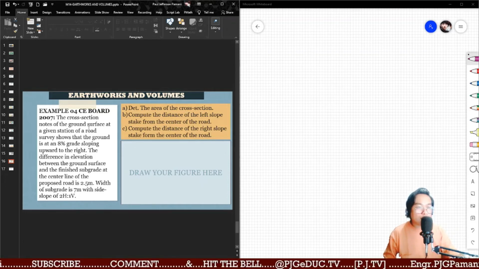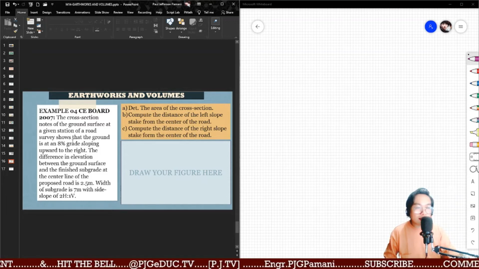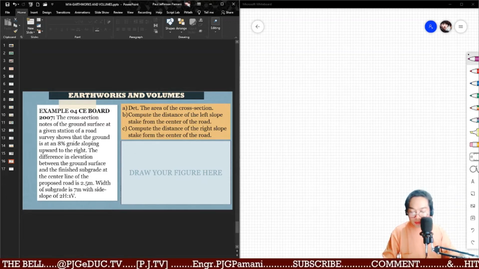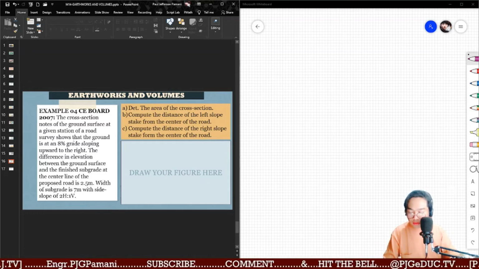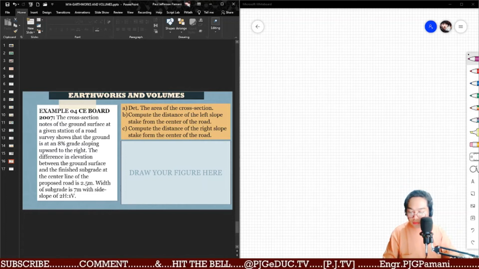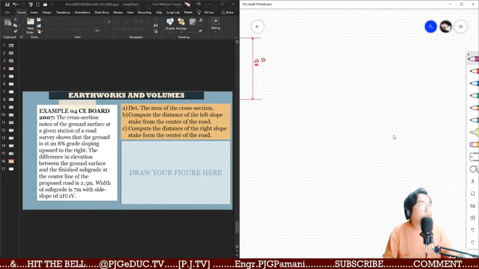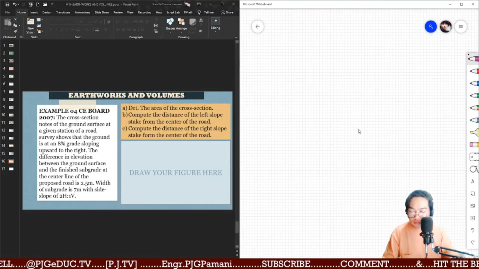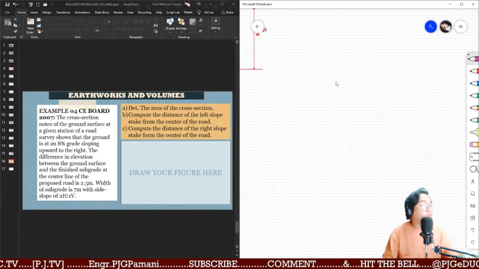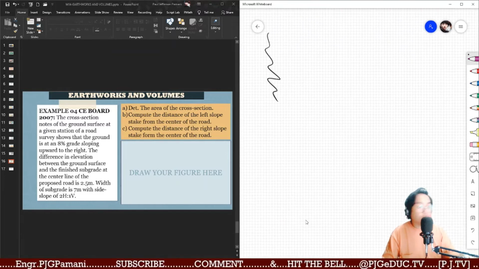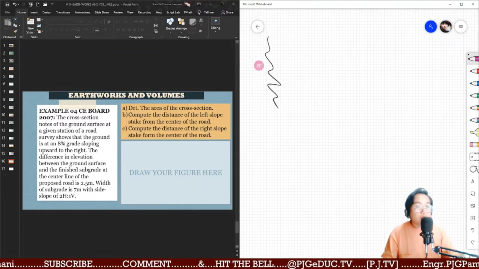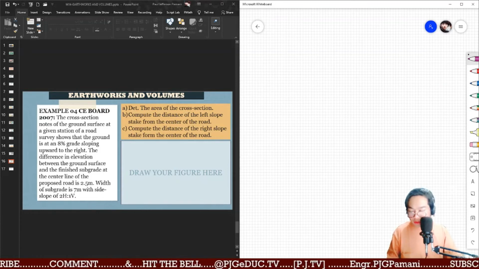The cross-section notes of the ground surface at the given station of the road survey shows that the ground is at an 8% going upward.